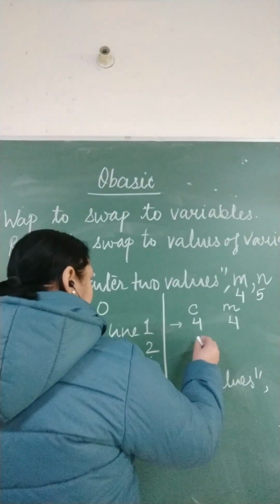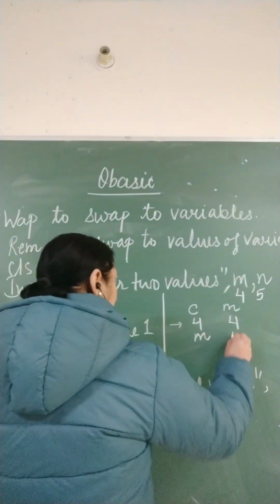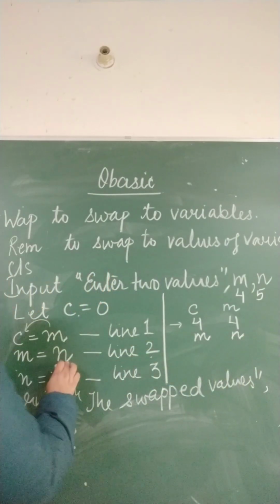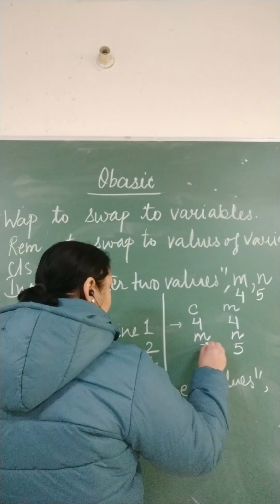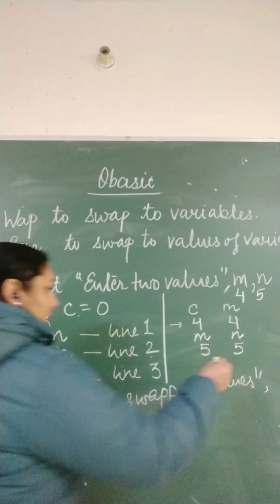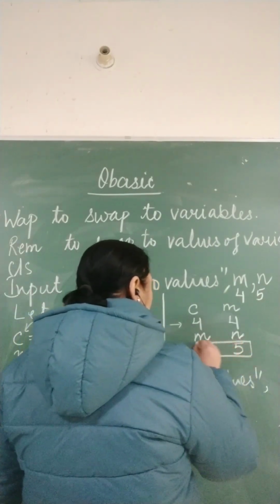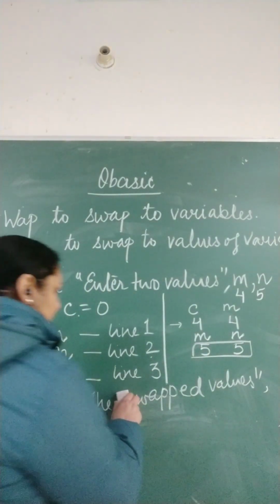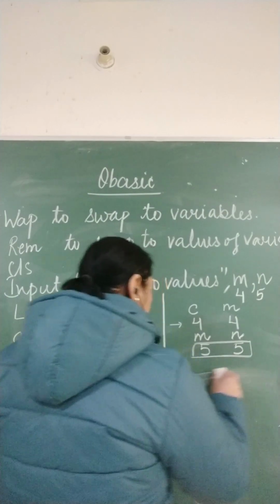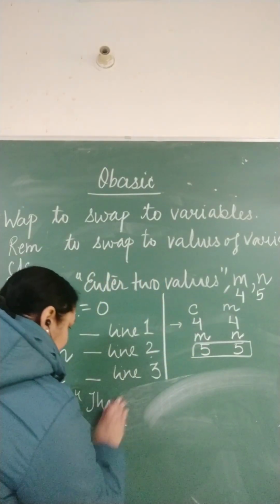Now m, n, whatever value n is having, it is going to show to m. n is having 5. Now m is also having 5. First value exchange is over here in this particular block.